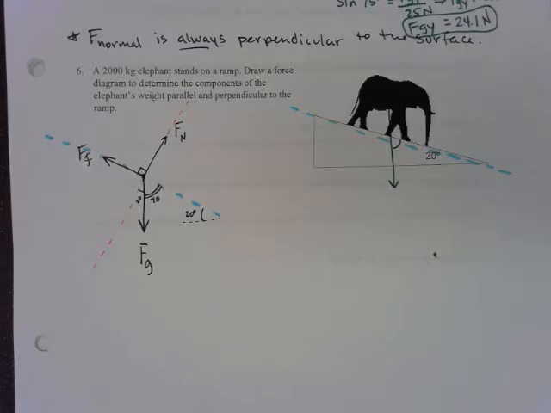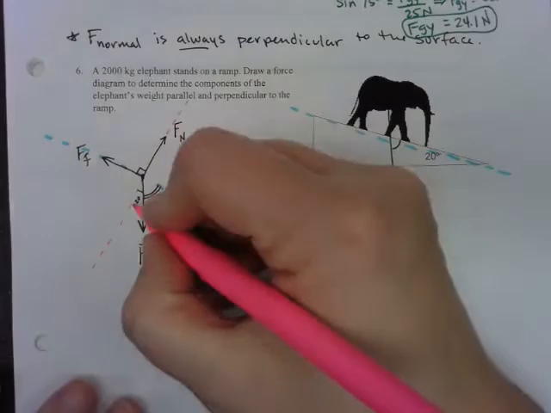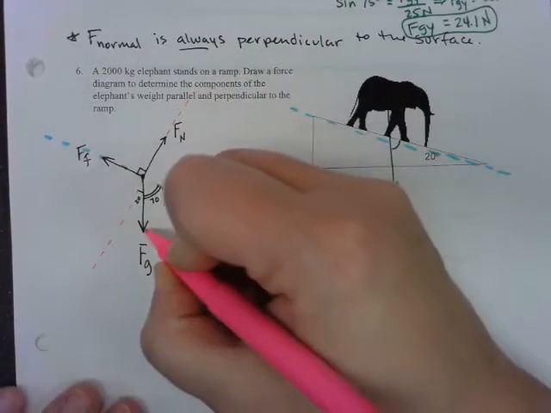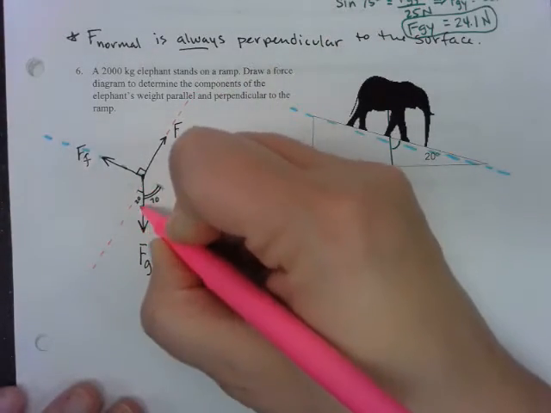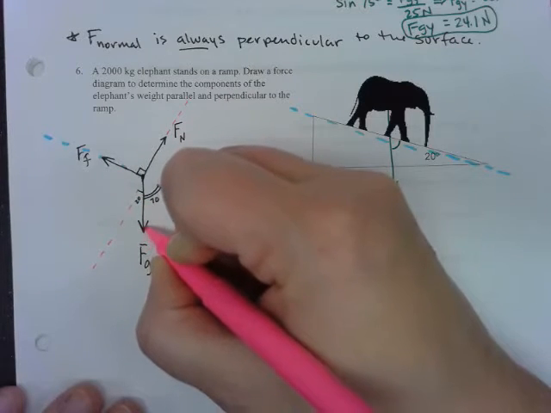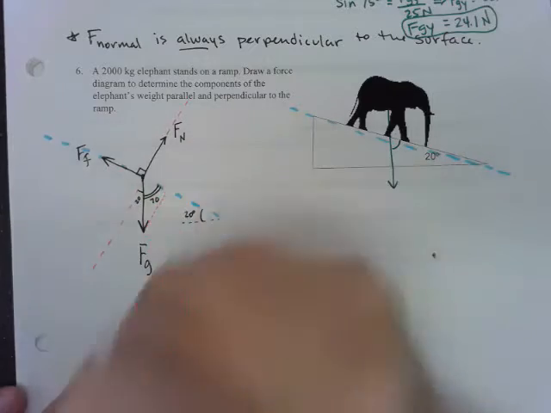What we need to do is draw our rectangle like we normally do, and then we can start to solve for it. So I'm going to look at my vertical line, the one I drew in pink, and I'm going to draw a parallel line to it that has the force that I need to break into components as the diagonal of that box. So I'll draw that there.